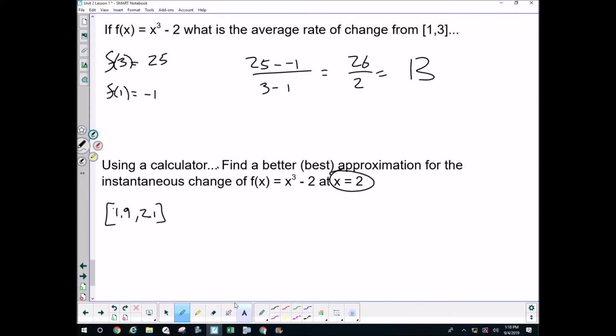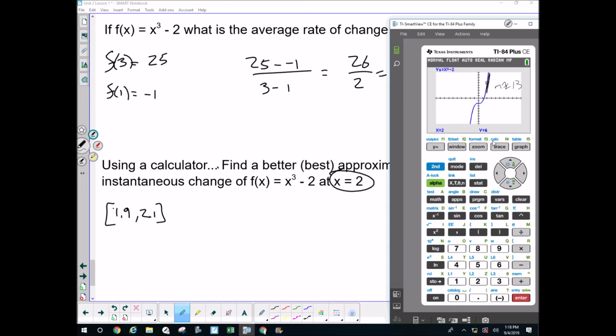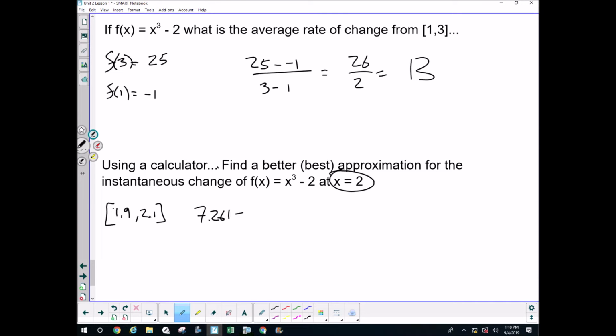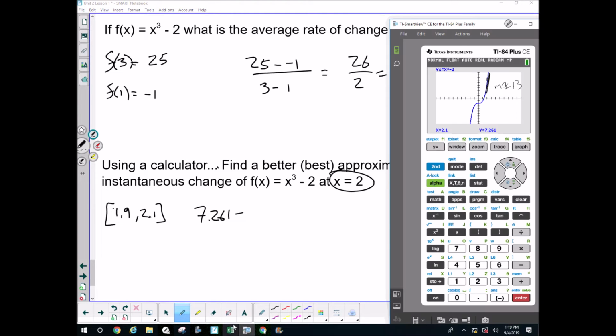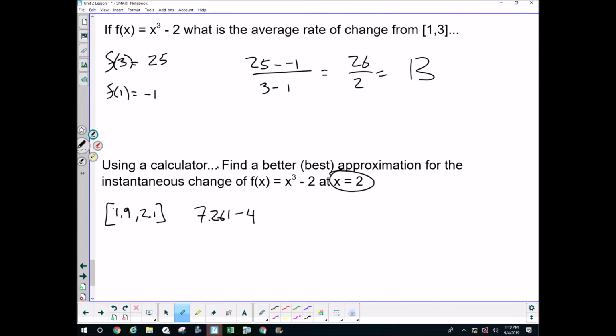All right, really quick, I'm going to do it. Trace, 2.1, 7.261. Minus, trace, 1.9, 4.859. Divide that by 2.1 minus 1.9. So we do that in the calculator really quickly and tell me what you get.